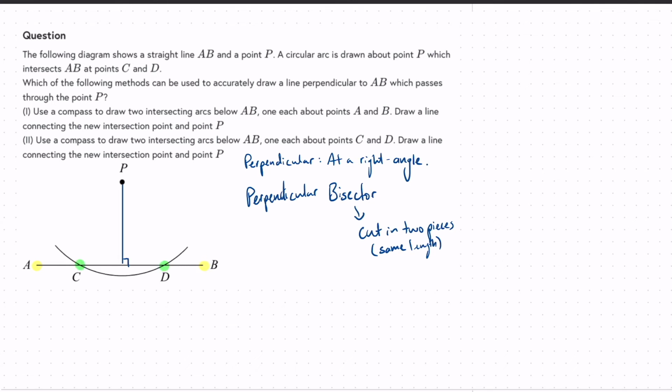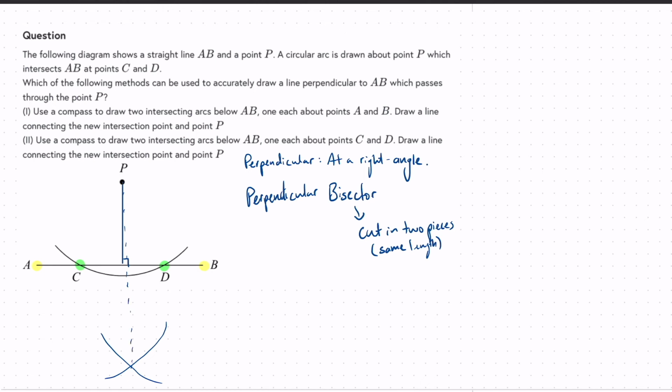And the way I would do it is I would put the compass point on A, and then I draw a little circle's radius out here, and I do the same thing on B, and then I would join with my straight edge through there.